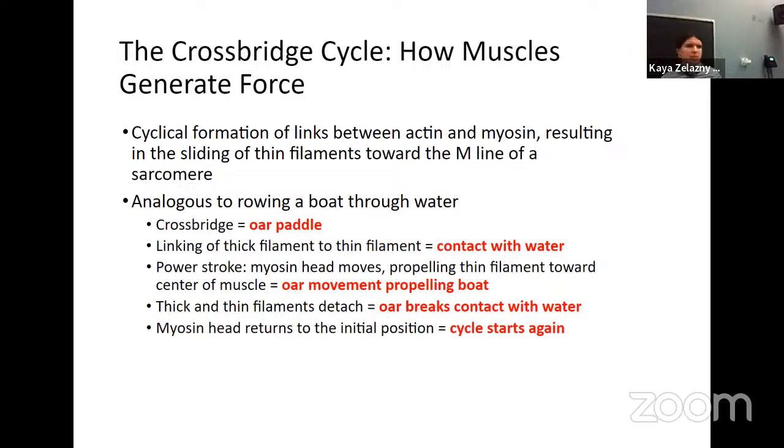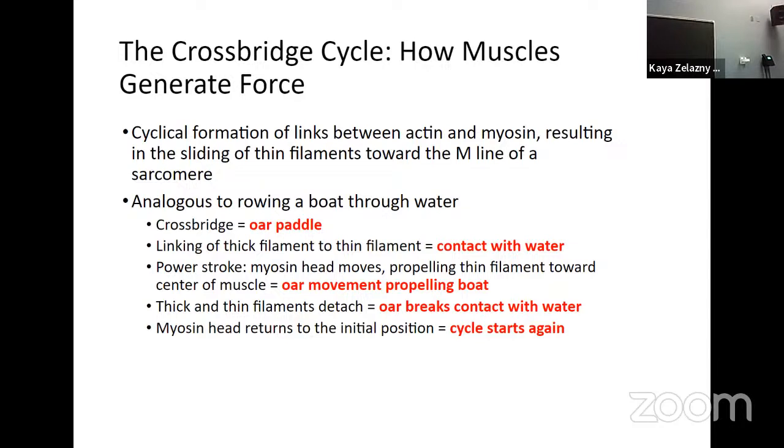And we sometimes think about this as like a rowboat, right? We think about these heads as oars paddling towards the center. So in that analogy, we're going to think about the cross bridge, that head of the myosin, as the paddle of the oar. Okay. So the paddle of the oar, right? We're grabbing the water. Okay.